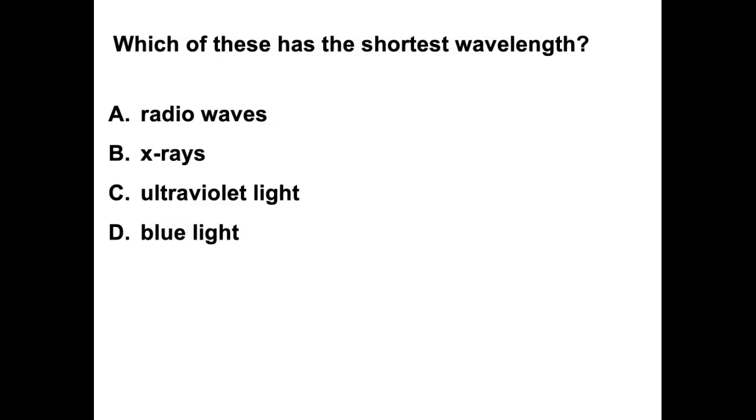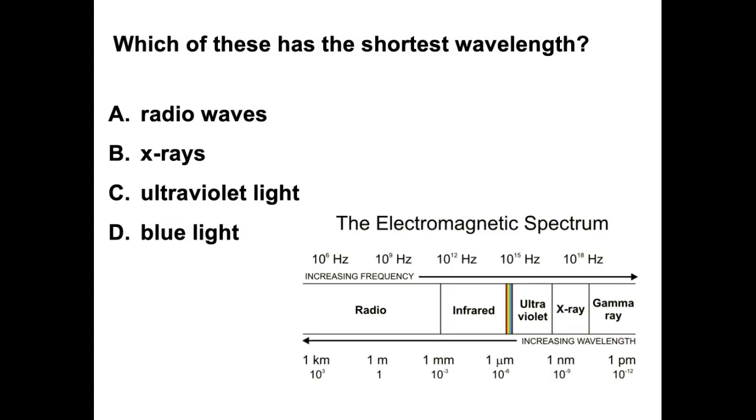Might be good for you to write down in your notes what the list of kinds of light is from shortest to longest wavelength, or from lowest to highest frequency, whichever you want to do it. Because if you remember, right, the full electromagnetic spectrum, which one has the shortest wavelength? That's, of these four, X-rays. Yes, gamma rays have even shorter wavelength than that, but that's not one of your options. So be it is.